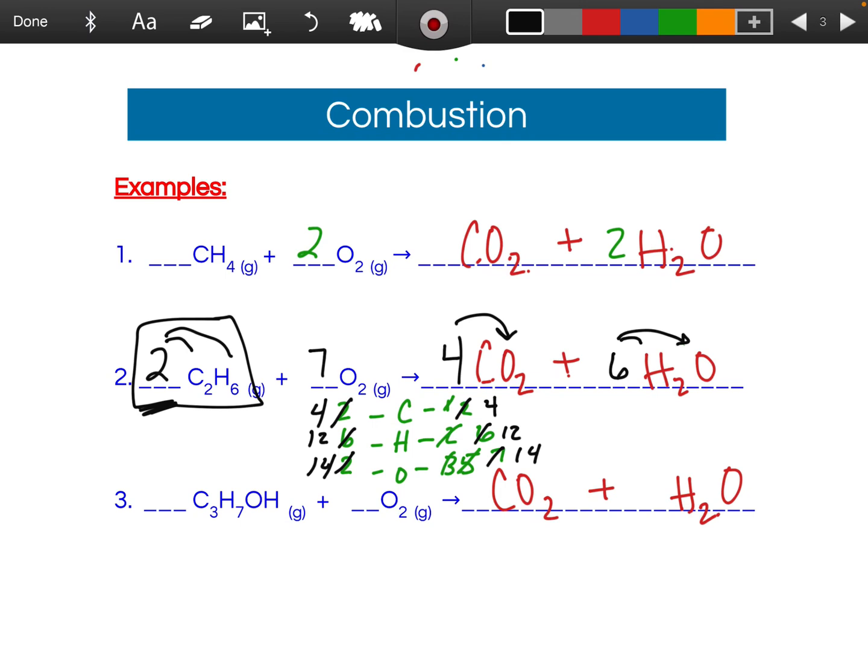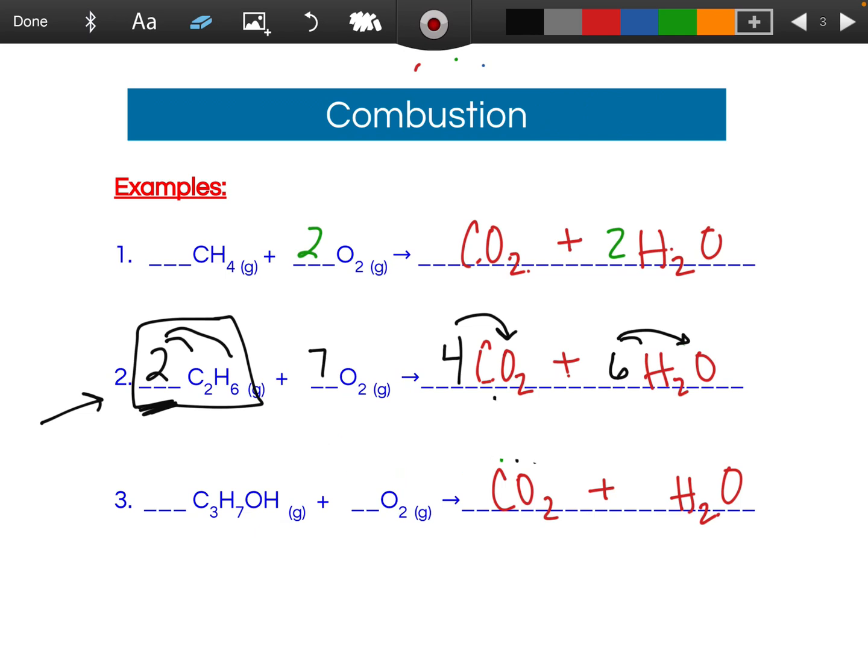So like I said, if you run into that problem where you have an odd number of oxygens on the product side, then usually if you double your hydrocarbon out here and then fix the coefficients that you had, that works itself out. And then another suggestion and trick is that oxygen is always in 2 separate products.